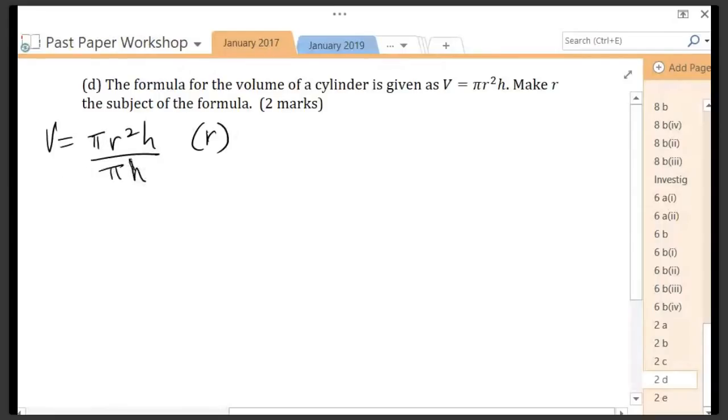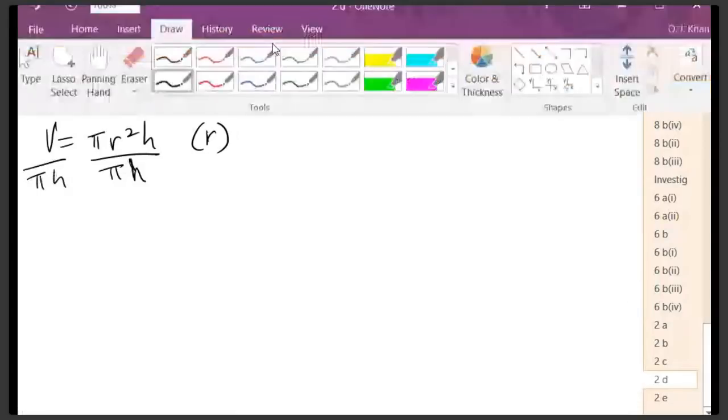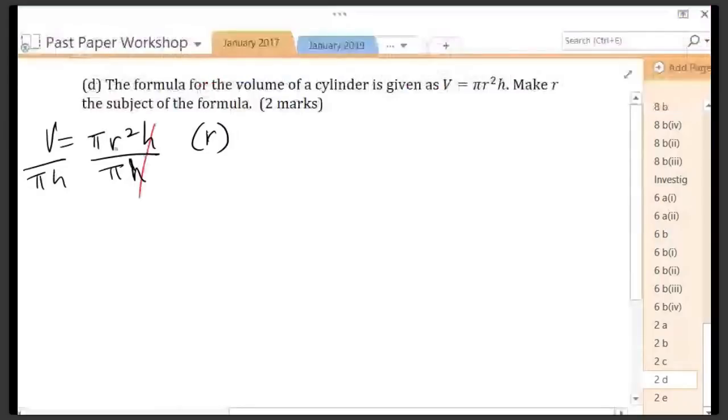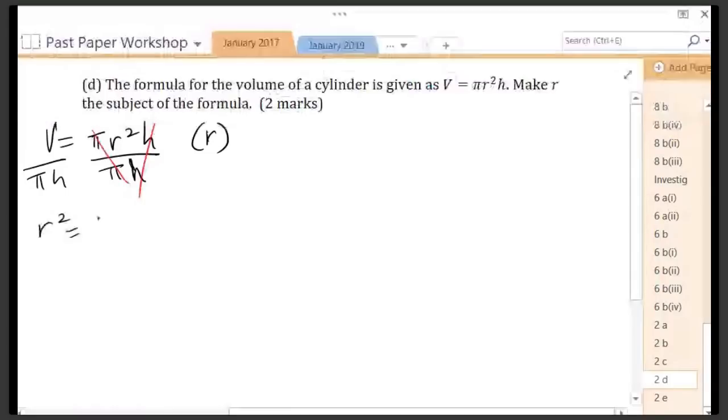I'm going to do some cancelling off here. Notice h will cancel and pi will cancel, okay? So what I remain with here is r squared is equal to V all over pi h.